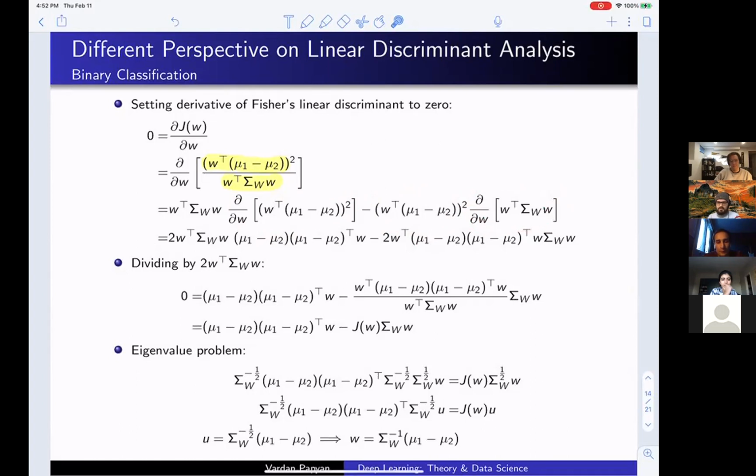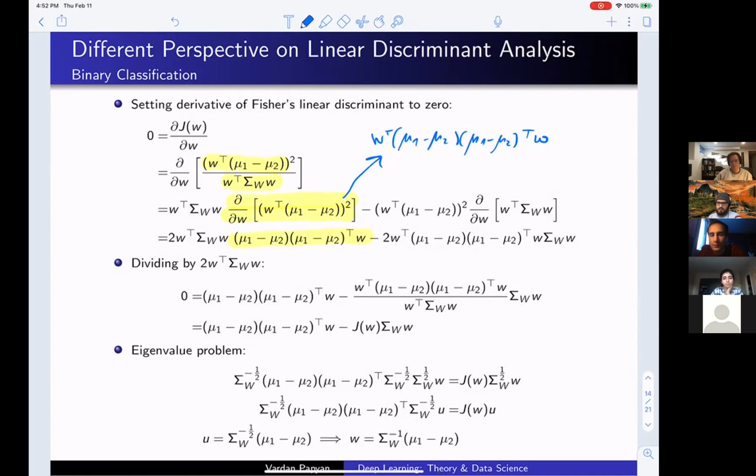At this point, this derivative is just equal to this thing. Why? Because this thing is equal to W transpose (mu1 minus mu2) multiplied by (mu1 minus mu2) transpose multiplied by W, right?